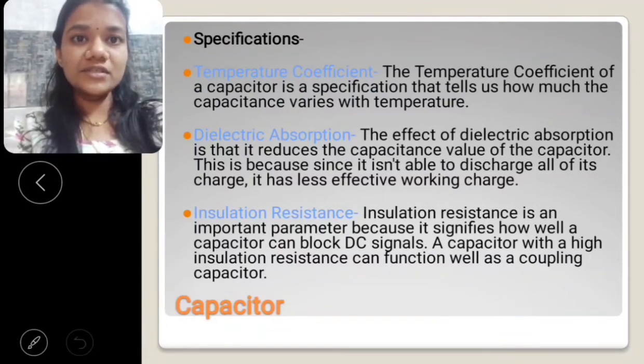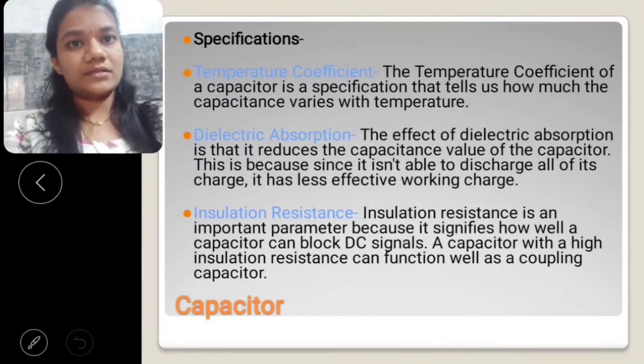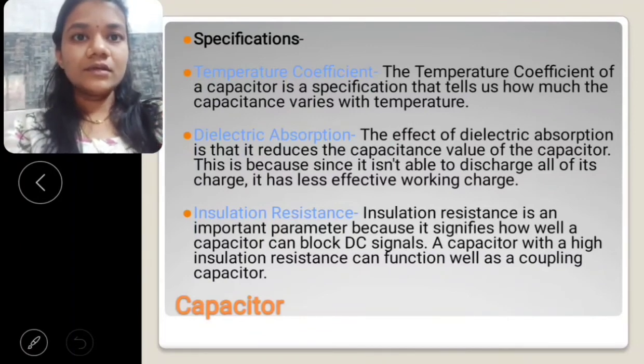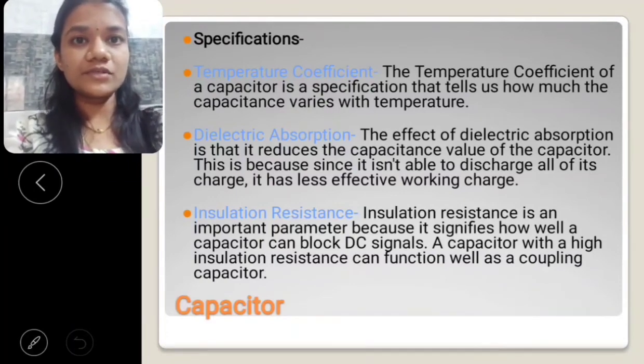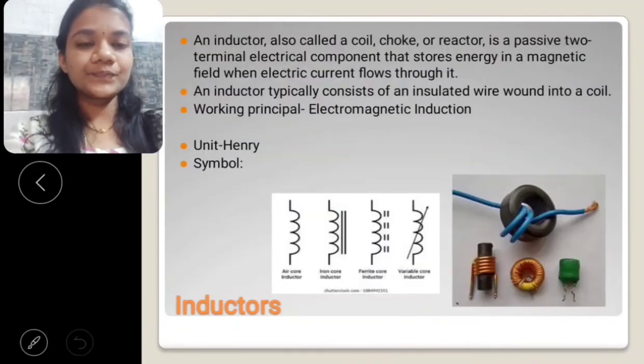So as insulation resistance is high, the capacitor will work as a coupling capacitor, meaning how well it blocks the DC signal. So these all are the specifications of a capacitor.